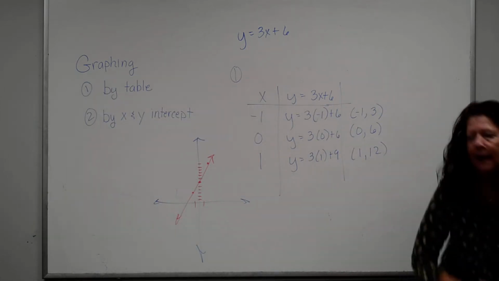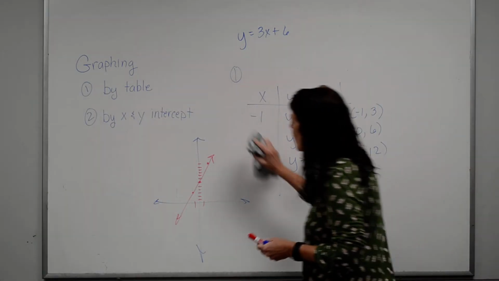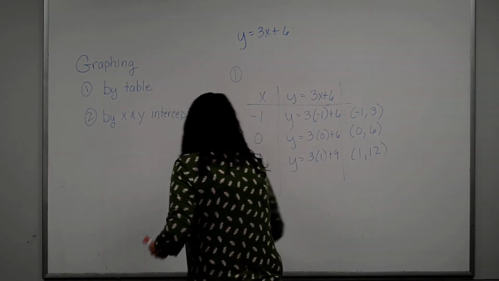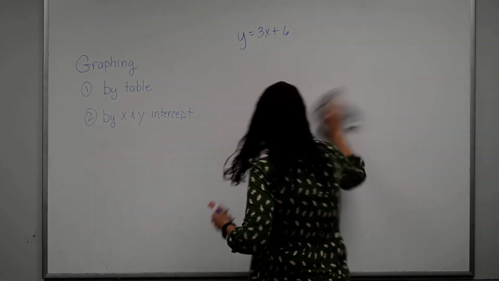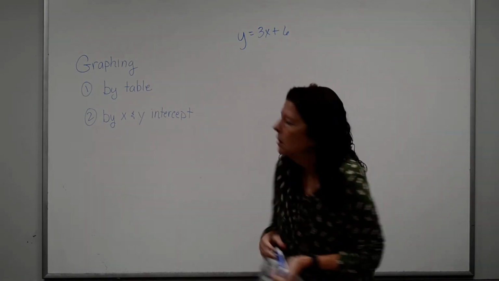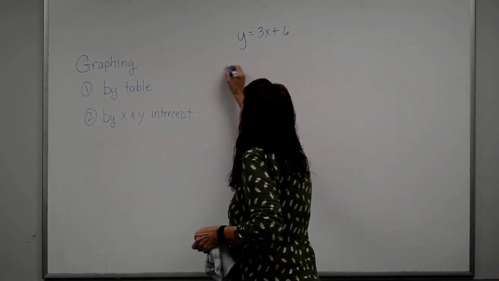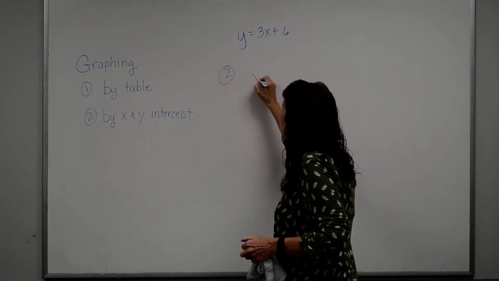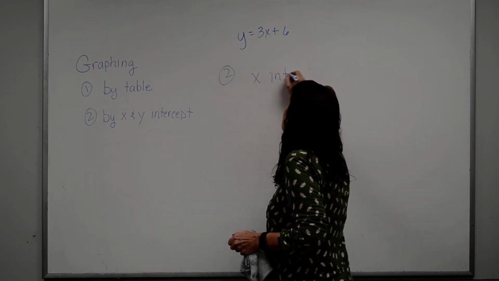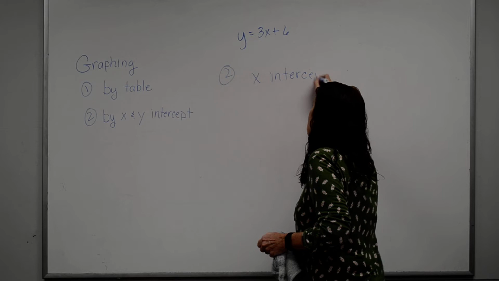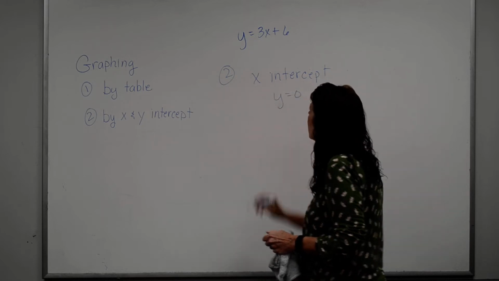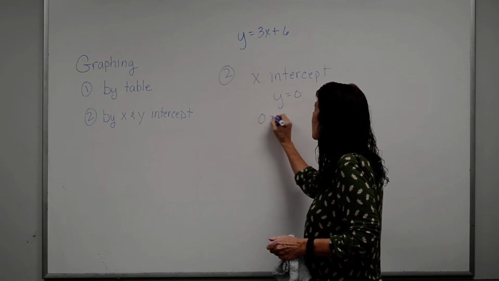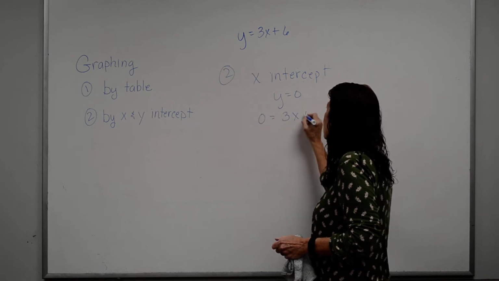Then we learned how to do it by x and y intercept. So, if you remember, this is method 2. I'm going to get the x-intercept, I'm going to plug in a 0 for the y. So I have 0 is equal to 3x plus 6.